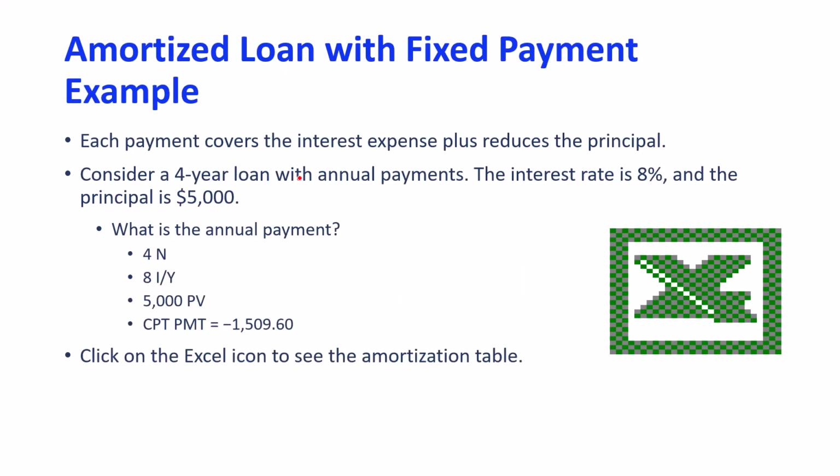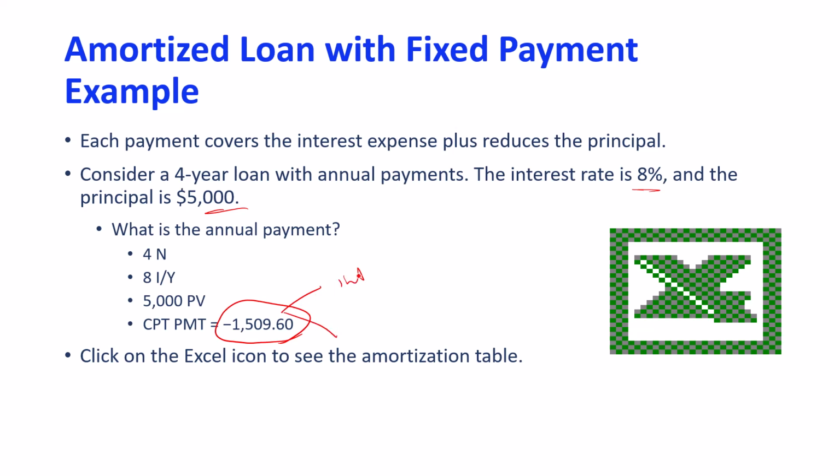So in an amortized loan, you're going to make fixed payments every period. For example, consider a 4-year loan with annual payments. The interest is 8% and the principal is $5,000. So you're going to make 4 payments of $1,509. But this payment is going to have 2 components.